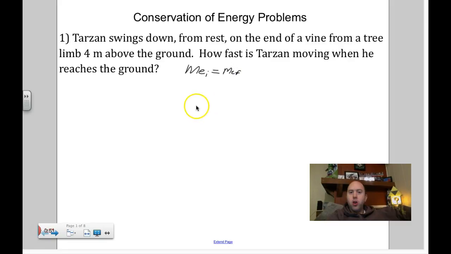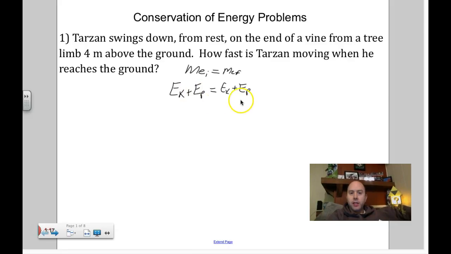And if you recall, mechanical energy is the total amount of kinetic energy and potential energy. So specifically, we're looking at the initial kinetic plus the initial potential, and that's going to equal your final kinetic energy plus your final potential energy.